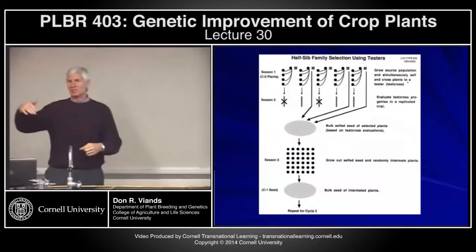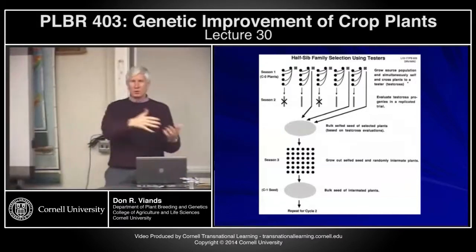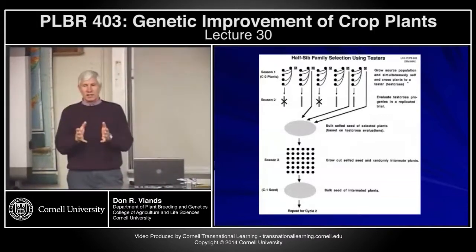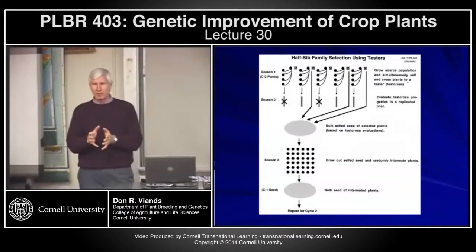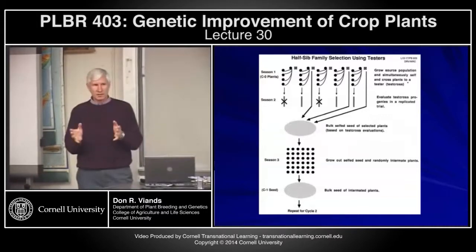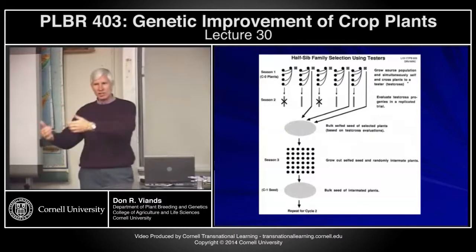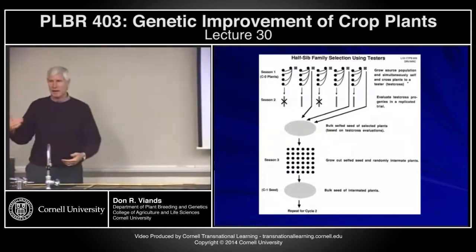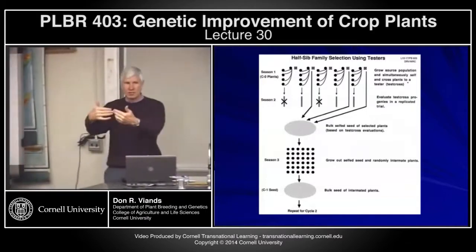Yeah, you'd essentially make one step forward and about 2 or 3 giant steps backwards, because remember, half of the genes in those half-sib progenies are coming from the tester, and that's in a recessive condition, so you're carrying those genes down into the half-sib progenies. So you're really taking a lot of steps backwards, even though you're attempting to step forward.